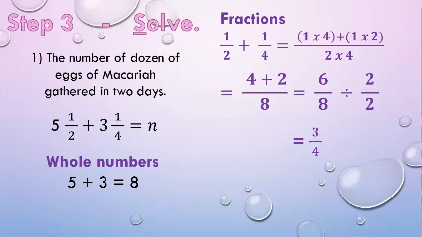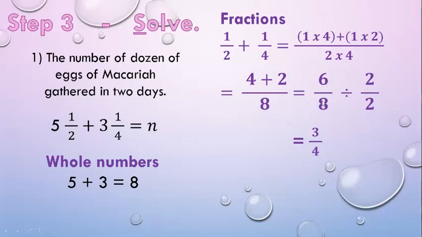So I multiplied 1 and 4 plus the product of 1 and 2, and of course I multiplied the denominators. So 1 times 4 is 4, 1 times 2 is 2, 2 times 4 is 8. Then now, add 4 plus 2, that gives us 6.